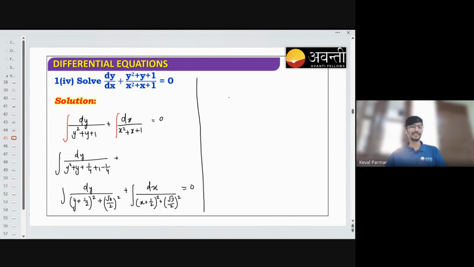So, what is the integration of this? It is 1 by a tan inverse of x by a. So that means this is a, right?